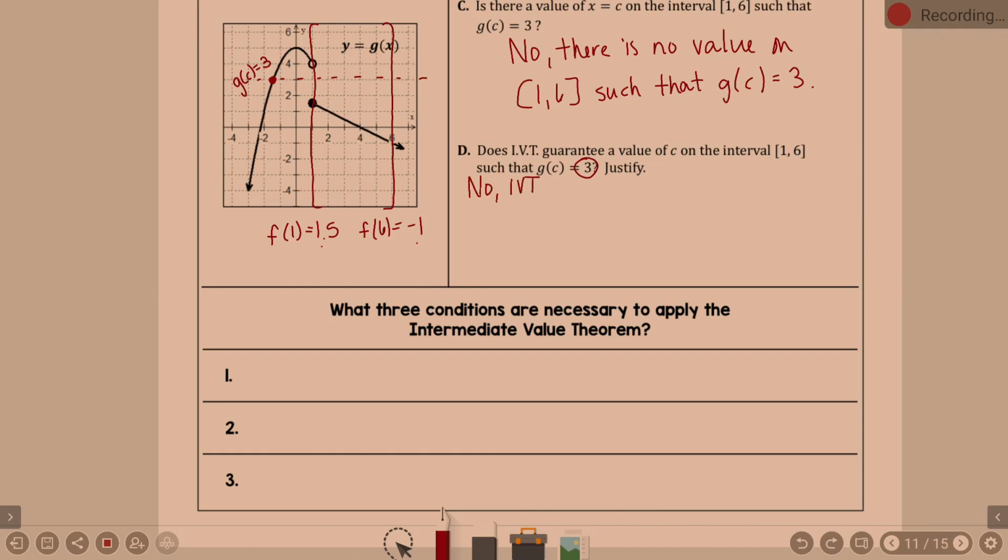Okay? So, no. IVT does not guarantee a value g of c equals 3, and I'm just going to state my endpoints.